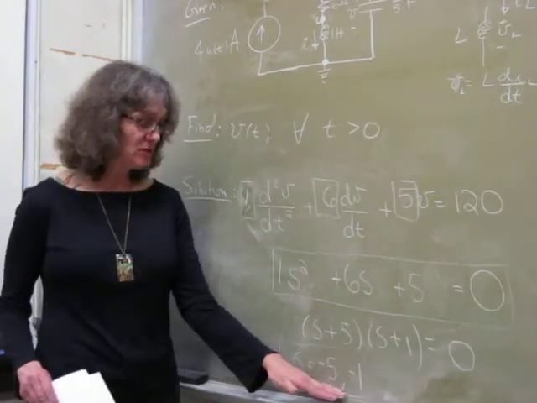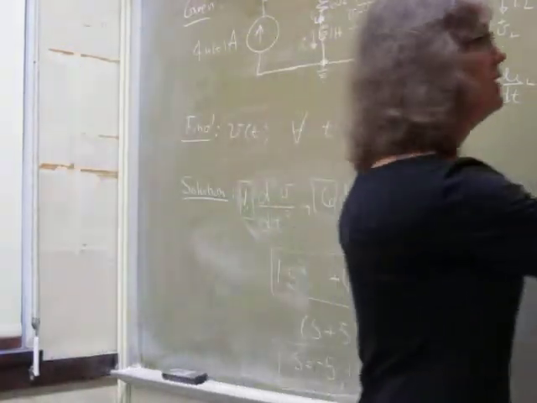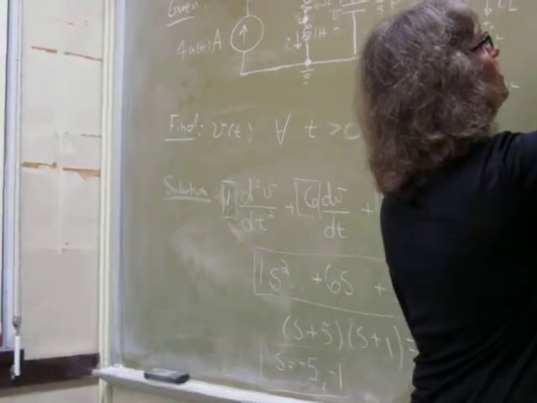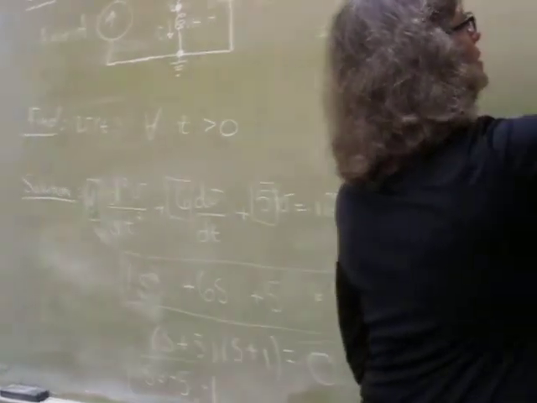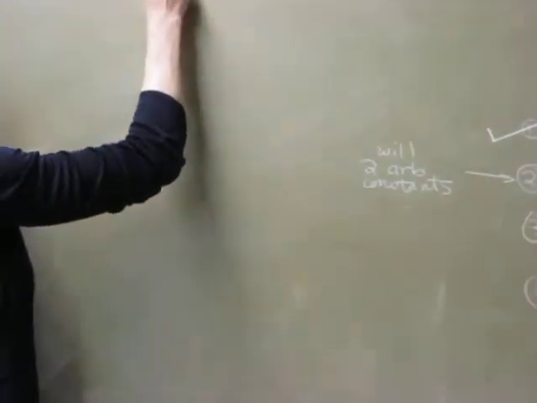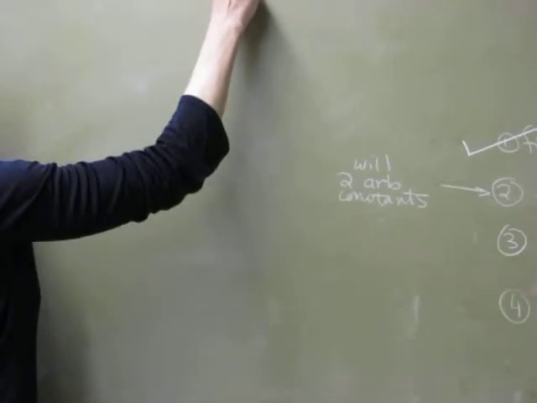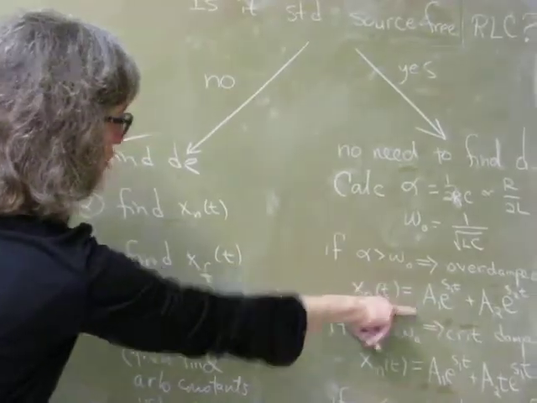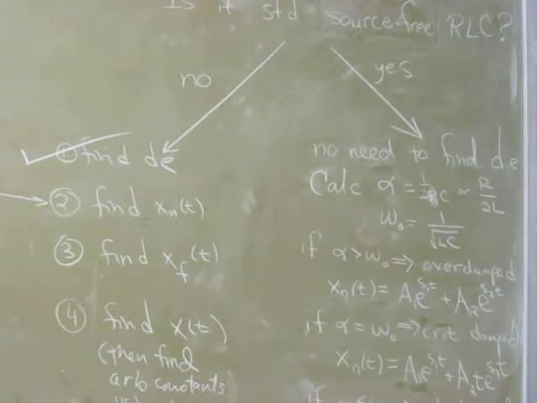So if roots are distinct, then we have the overdamped case. And so this is the form of the equation that we'll have.